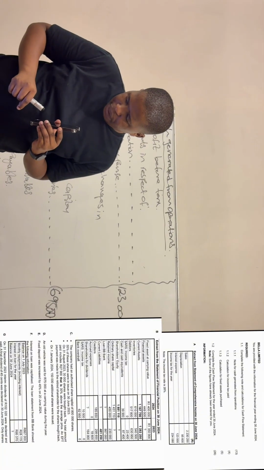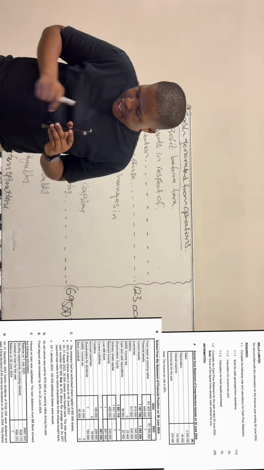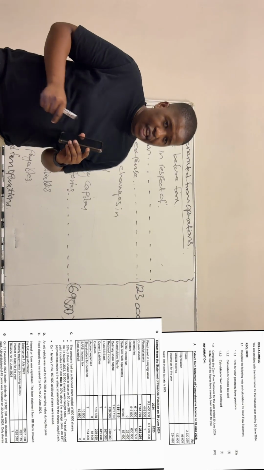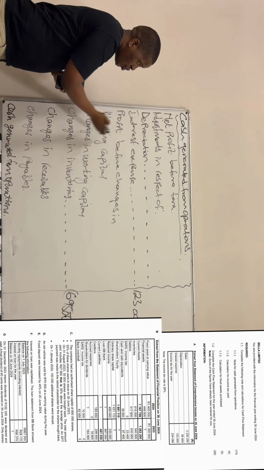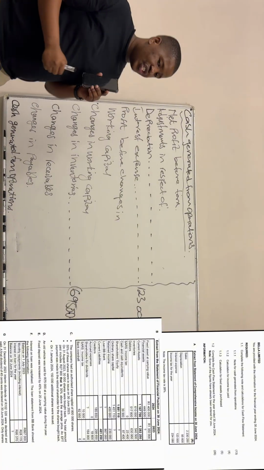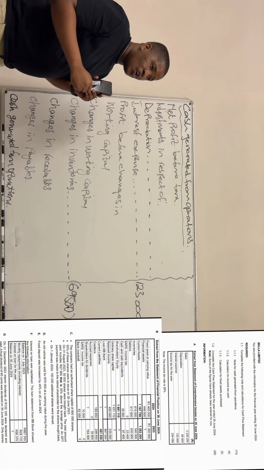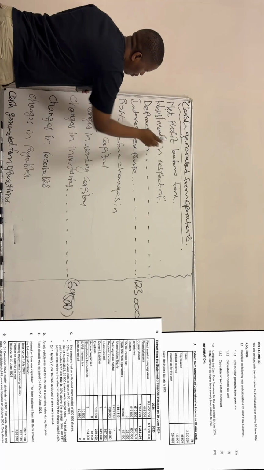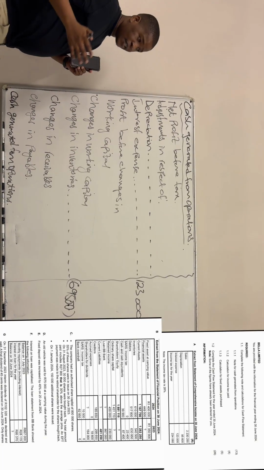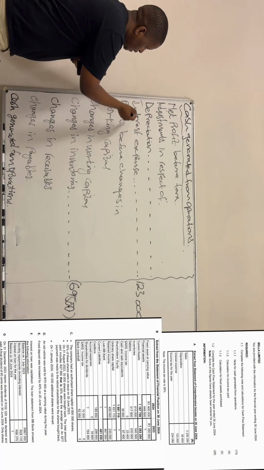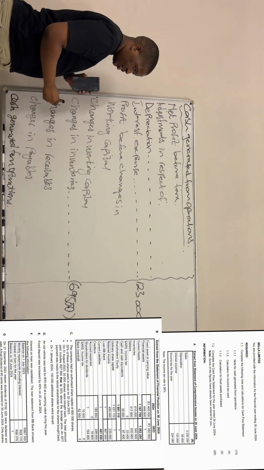you are required to prepare the note for the cash generated from operations. This is the format of your cash generated from operations. We have the net profit before tax, adjustments in respect of your depreciation and your interest expense.